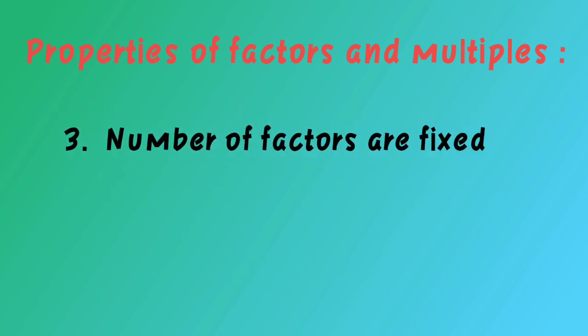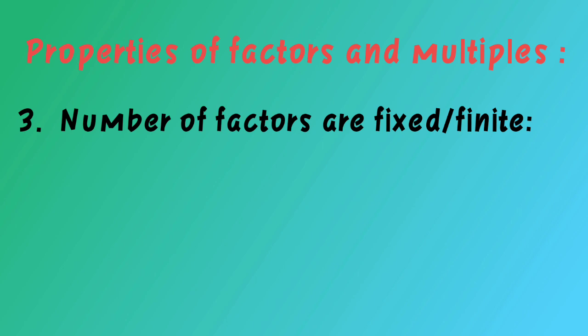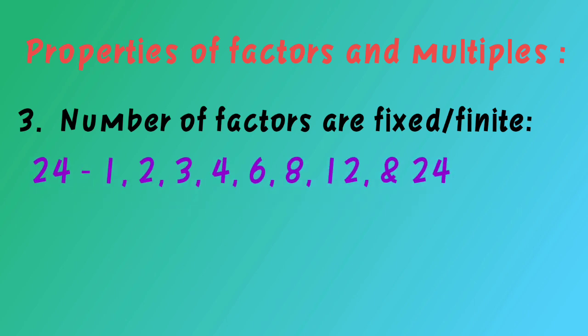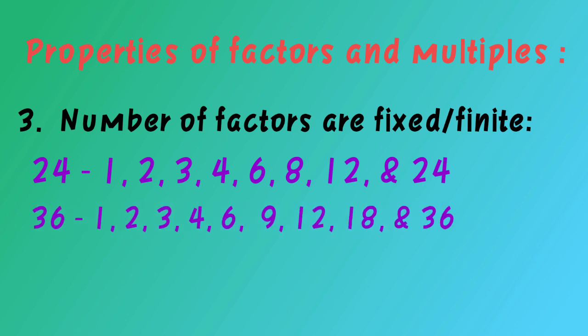The next one is number of factors are fixed or finite. Means every number has a fixed number of factors. For example, factors of 24 are 1, 2, 3, 4, 6, 8, 12 and 24. Factors of 36 are 1, 2, 3, 4, 6, 9, 12, 18 and 36.